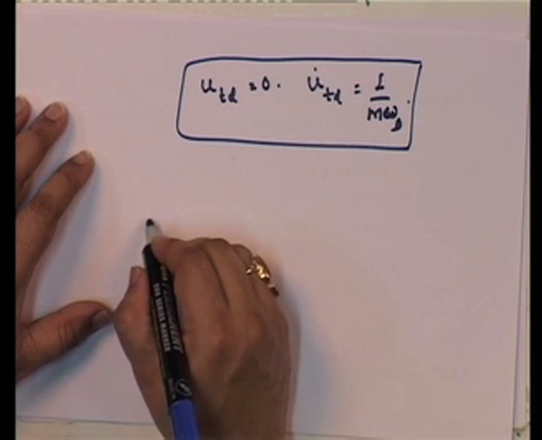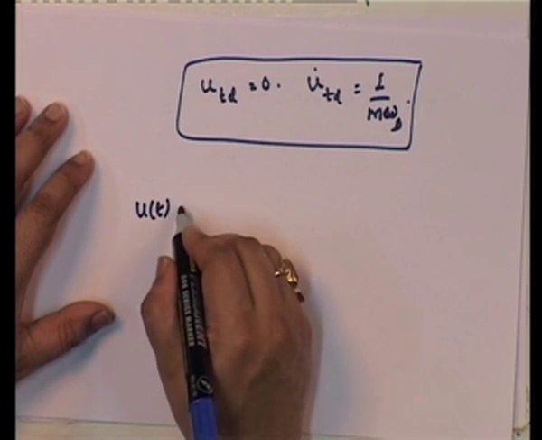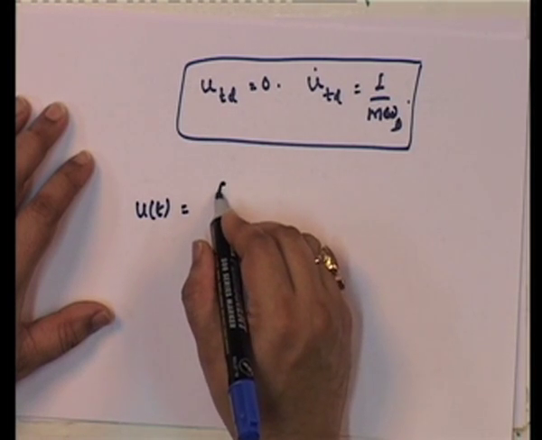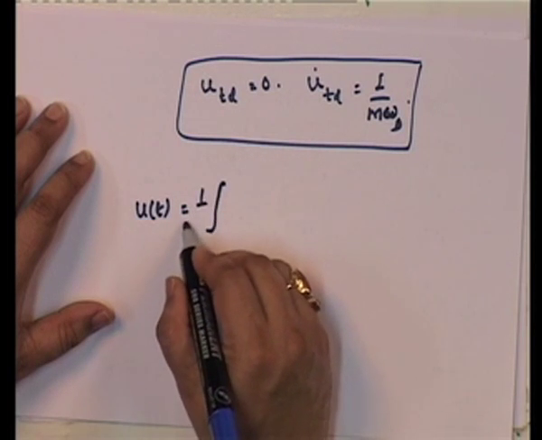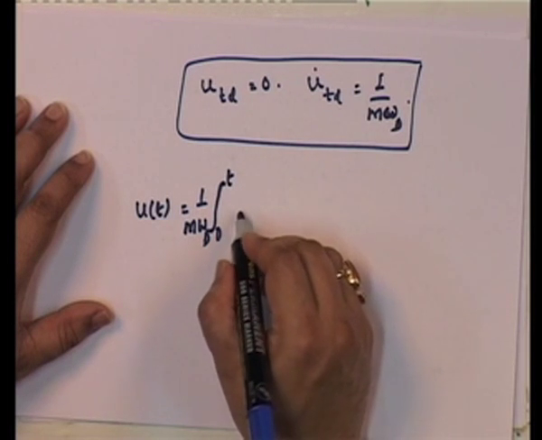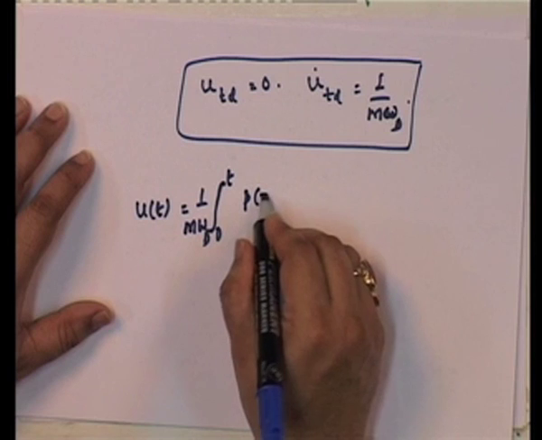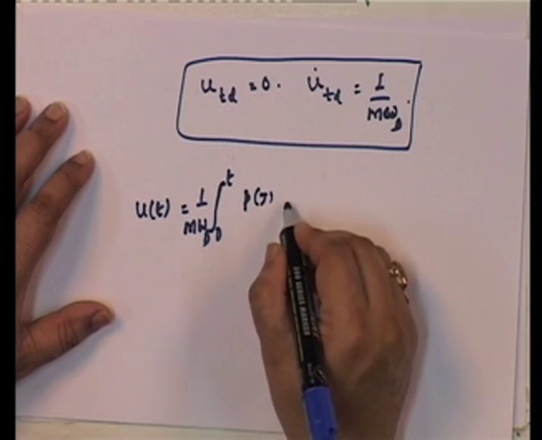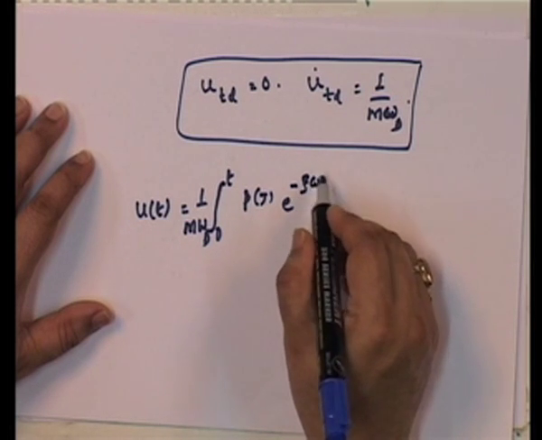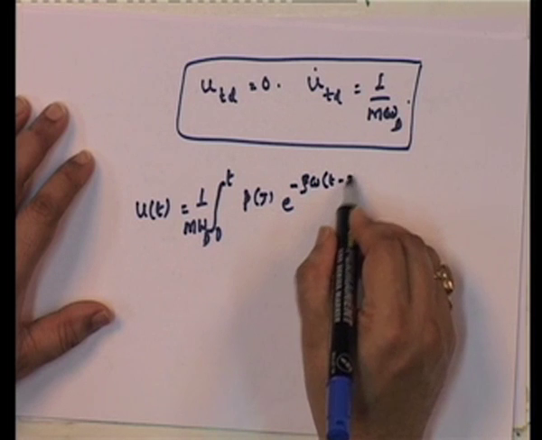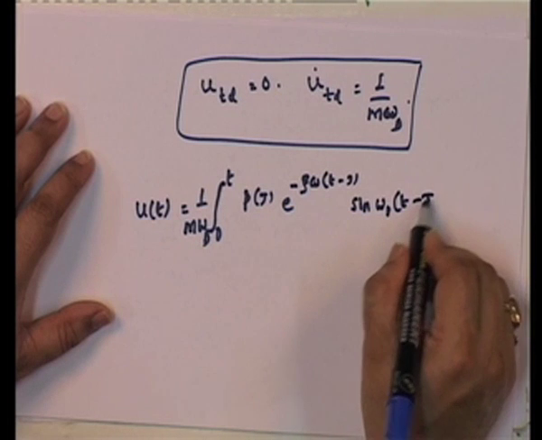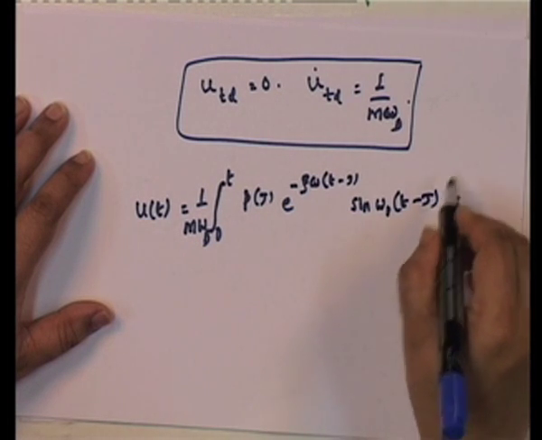So, I get u of t is equal to 1 upon m omega d, integral from 0 to t, p of tau, e to the power of minus xi omega into t minus tau, sin omega d into t minus tau, d tau.